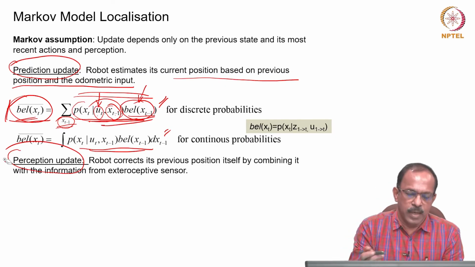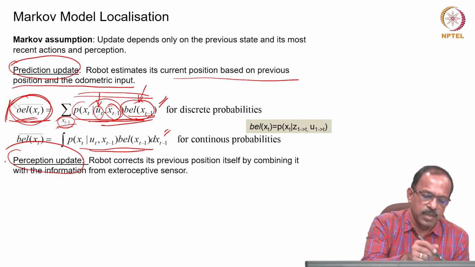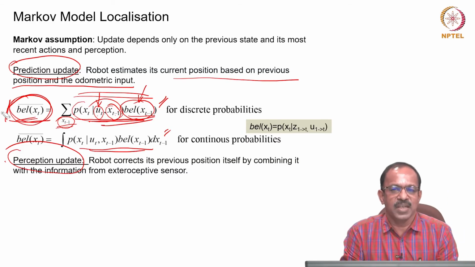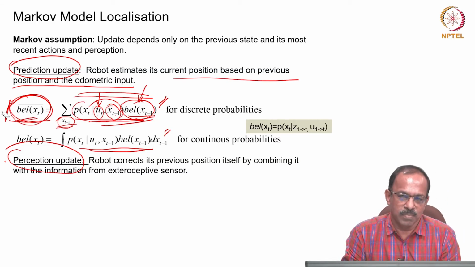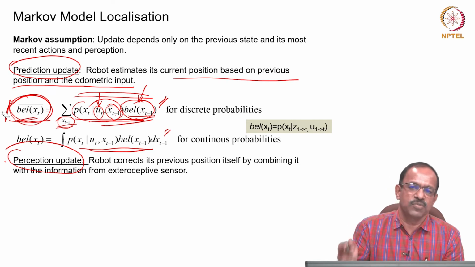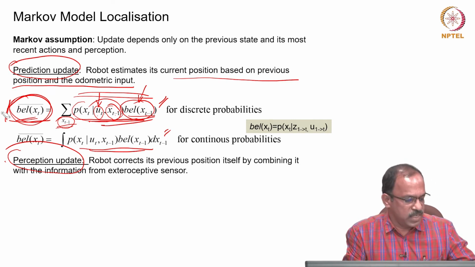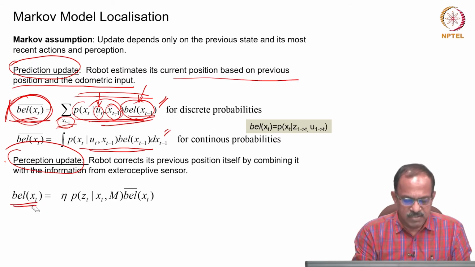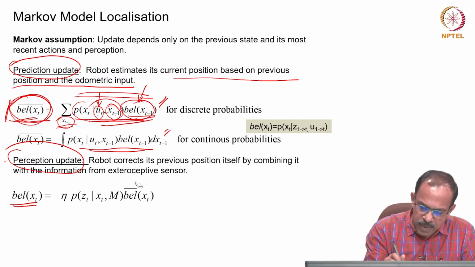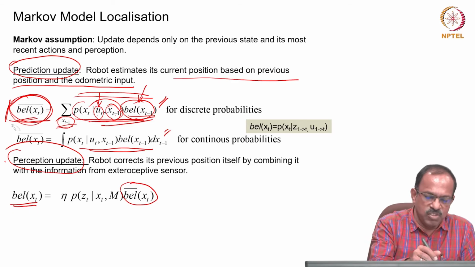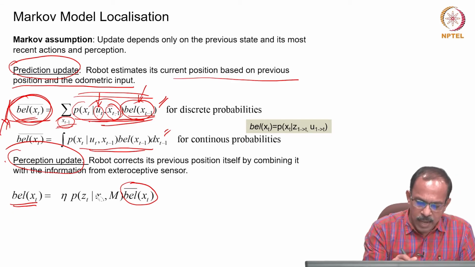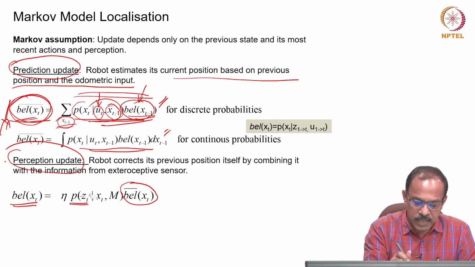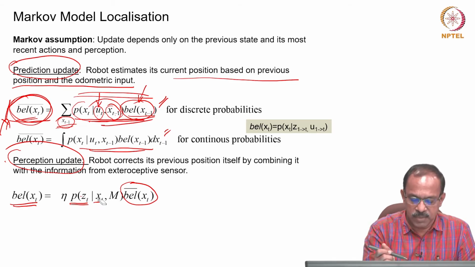So, you have a belief bar xt now, so the probability that the robot is at xt is known. Now, use the sensor information and update it, and that is obtained as belief xt. So, belief xt is basically belief bar xt, that is the previous estimate of the position, multiplied by the observation zt from that position xt, given the map information.